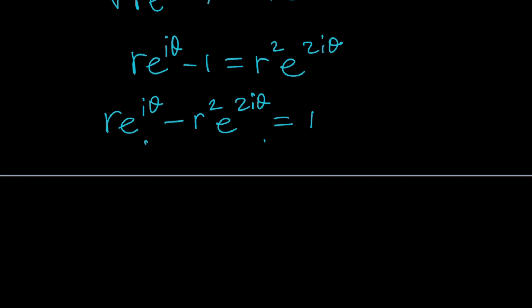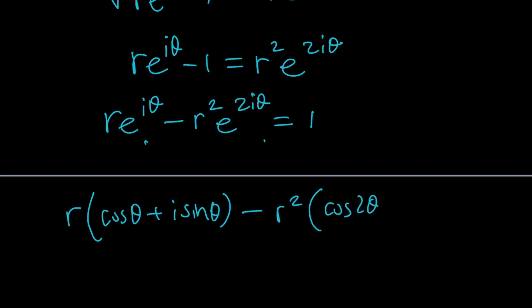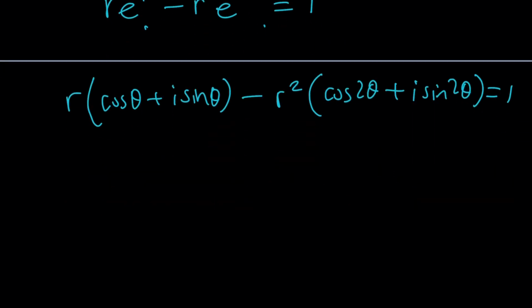So I can write this as r times cosine theta plus i sine theta, and then minus r squared times cosine 2 theta. Notice that we doubled the angle, because we squared it. And then from here, you can separate: r cosine theta minus r squared cosine 2 theta, that's the real part.